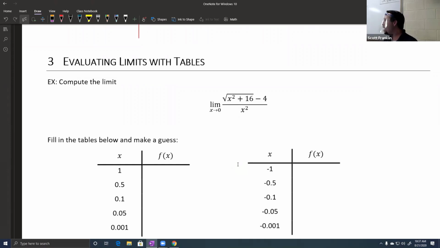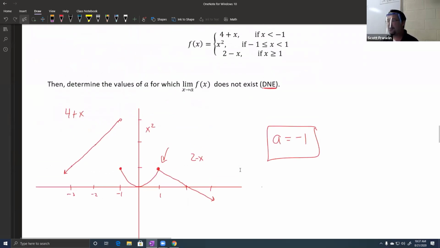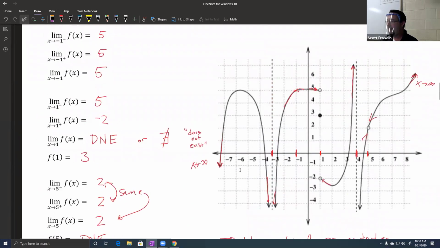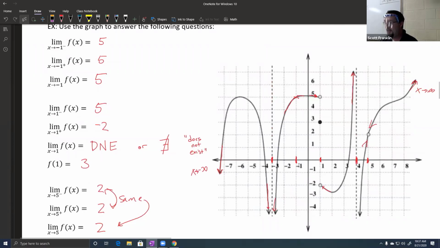But another way that you can find a limit, especially if the graph isn't nice and neat, is to use a table of values. Like, I mean, just imagine a situation where instead of, I'm going to back up for a second, instead of maybe the limit as x goes to -1, what if I ask you, what's the limit on this graph as x goes to -5?